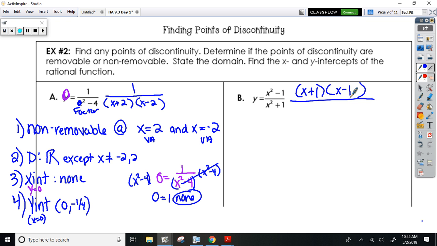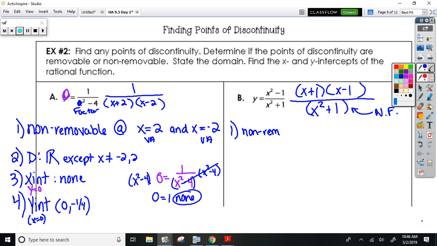You can't factor it because it's a plus 1. Very good. Not factorable. So we can't cross anything off. We cannot divide out. So these are going to also be non-removable because we can't remove anything, if we have any, I should say. I'll write non-removable.